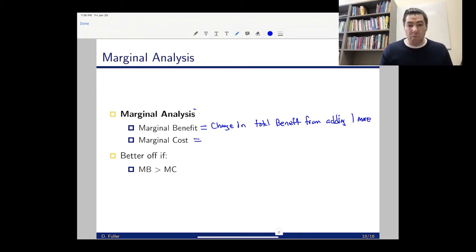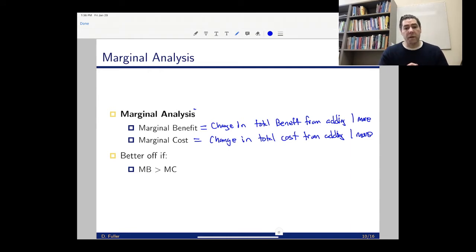Similarly, the marginal cost is the change in total cost from adding one more. And I've got this rule written down here that says we will always be better off adding that additional item, whatever it is, as long as the marginal benefit from adding it exceeds the marginal cost.